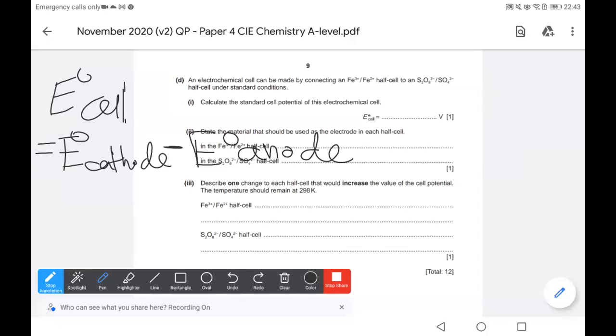If you increase the concentration, cell potential increases. Concentration is a good answer. Here temperature is a constant.